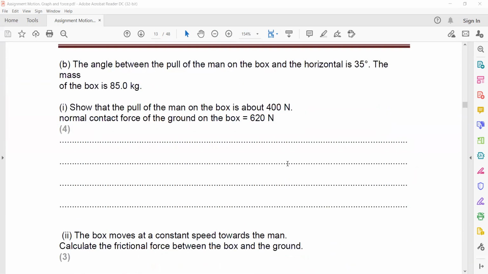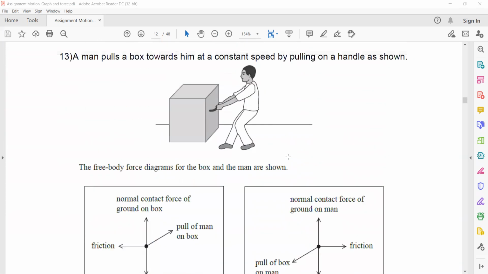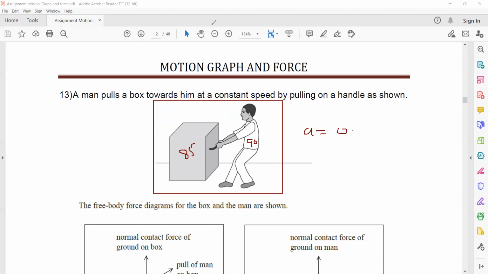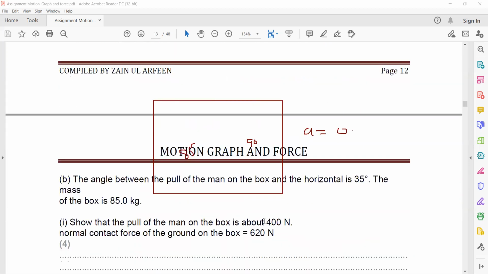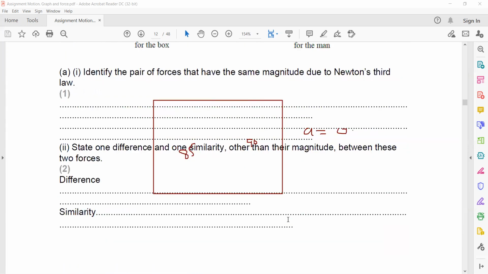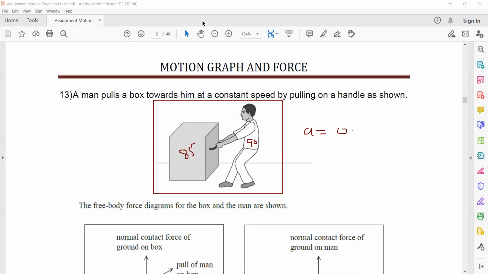So it's like a two body system in which the mass of the box is 85 and the mass of the man is 90, and both are accelerating with 0.2. So both are accelerating towards the right hand side, the same direction, with 0.2 meter per second square.